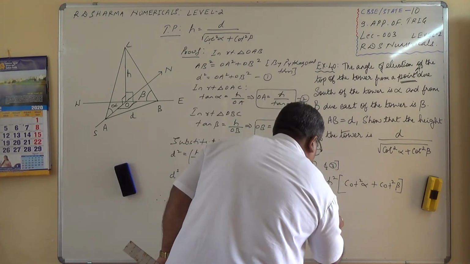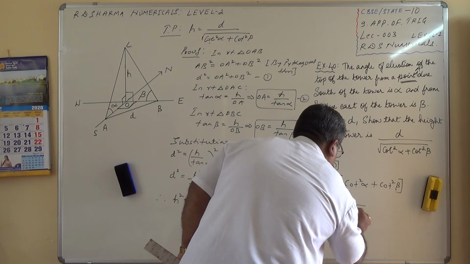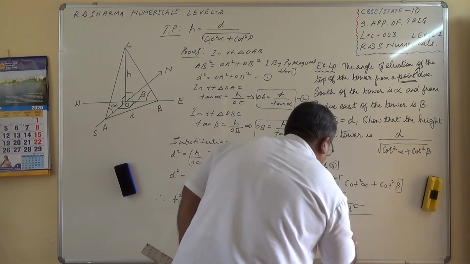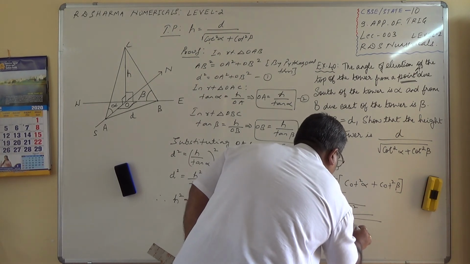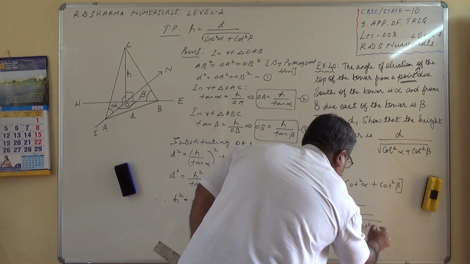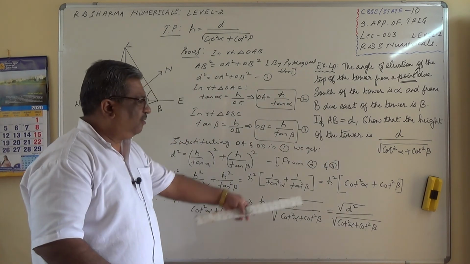So one more step I will write for your information. Under root of d square divided by under root of cot square alpha plus cot square beta. What is under root of d square?